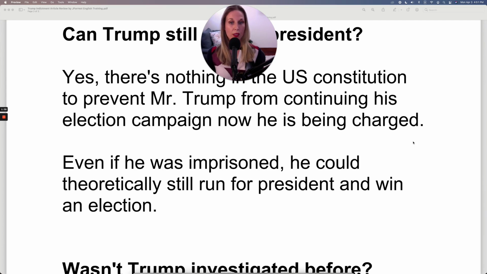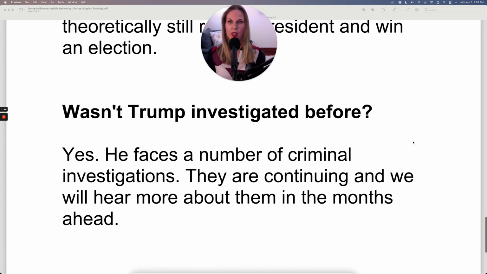Even if he was imprisoned, he could theoretically still run for president and win an election. Wasn't Trump investigated before? Yes, he faces a number of criminal investigations. They are continuing, and we will hear more about them in the months ahead.